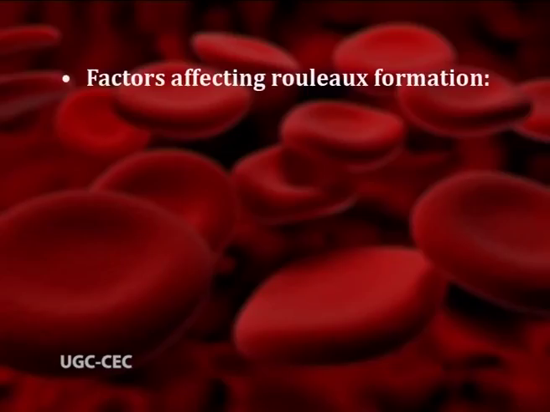This limits the size of the rouleaux. Factors affecting rouleaux formation. 1. Different molecules in plasma, for example proteins, cholesterol, etc., affect the rate of rouleaux formation. Larger molecules usually increase the rate.